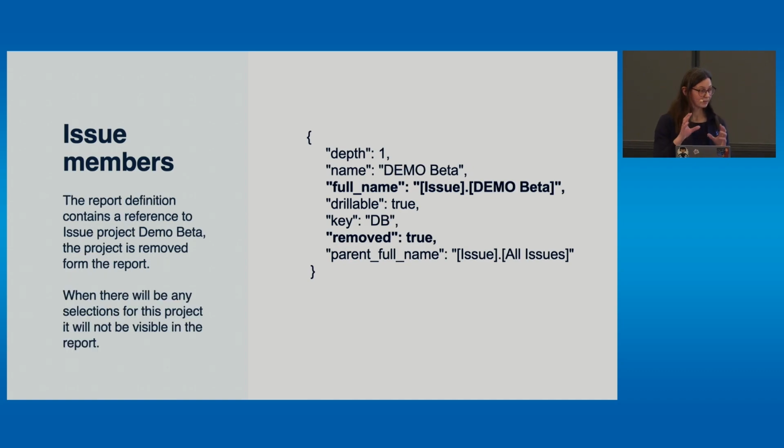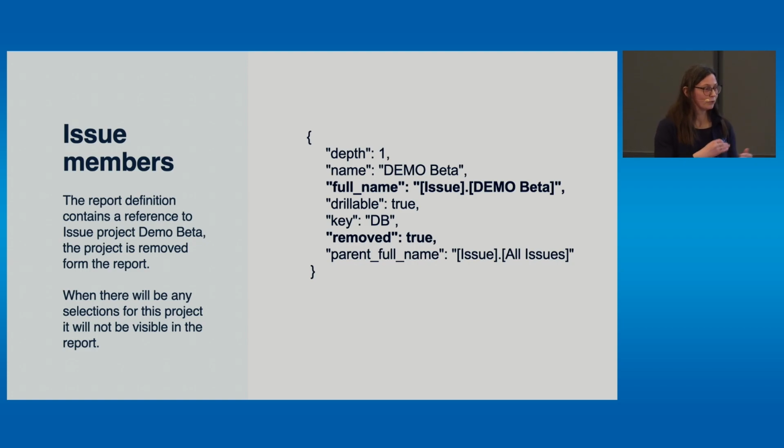So, the last member, of the 3 members, is Demo Beta. And why is there some Demo Beta out of the blue? There is no relation, because the template account actually doesn't have this project. Why do I have it there?